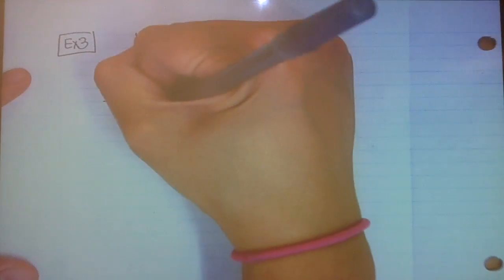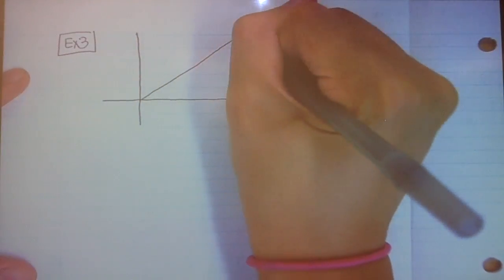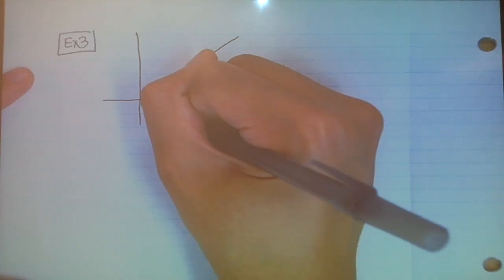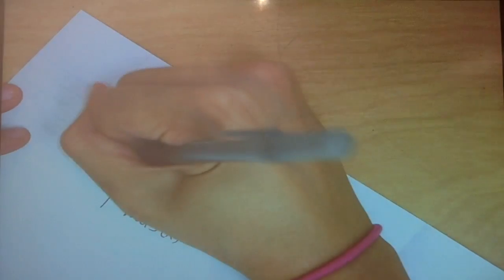All right, let's try another one. There's a graph. Have weeks in the x-axis and days in the y-axis.